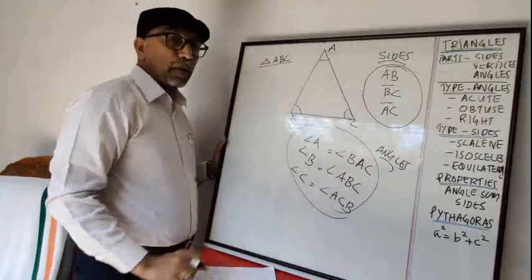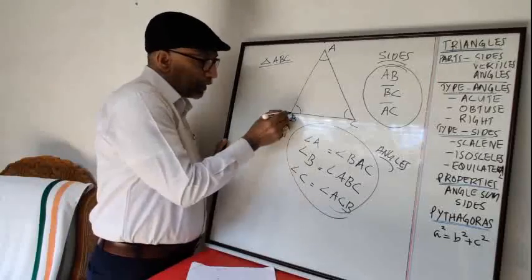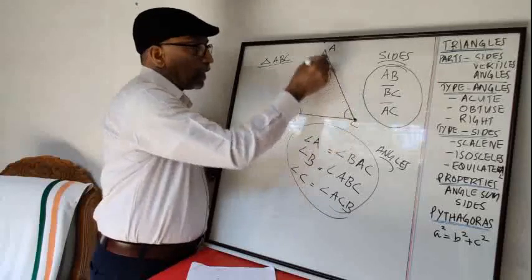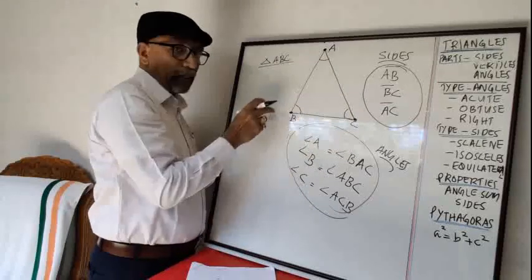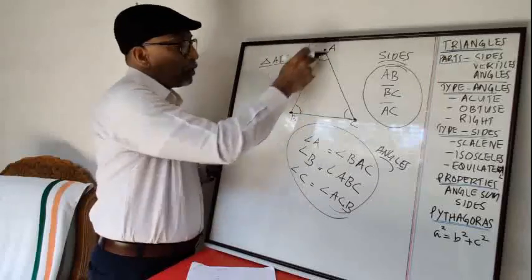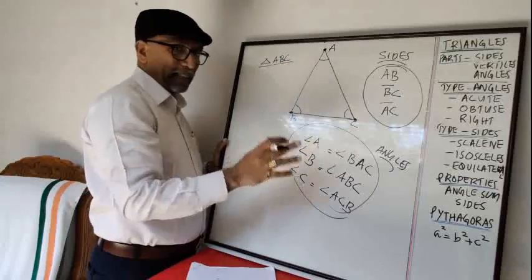And we have one more thing in this triangle. You know what it is? It is the vertex B, the vertex C, the vertex A. What is a vertex? Vertex means the place where two line segments join. So we have three vertices; the plural of vertex is vertices.